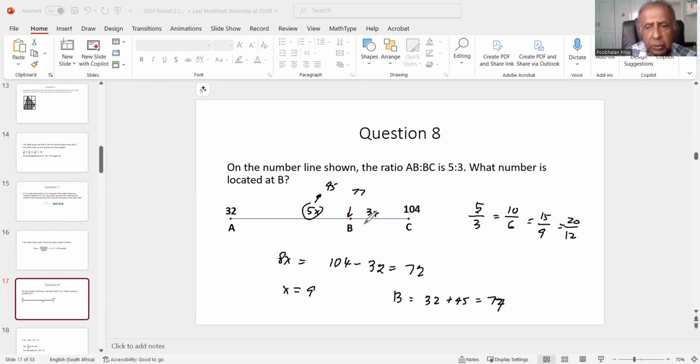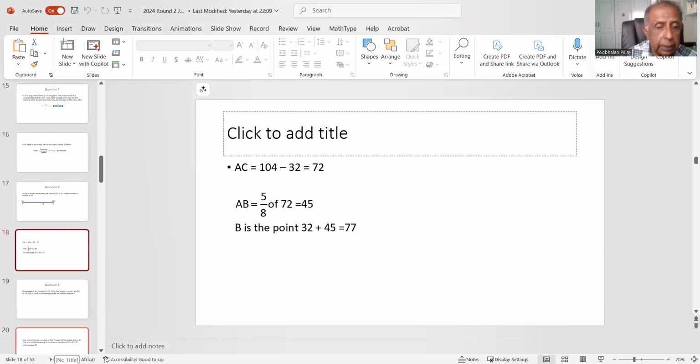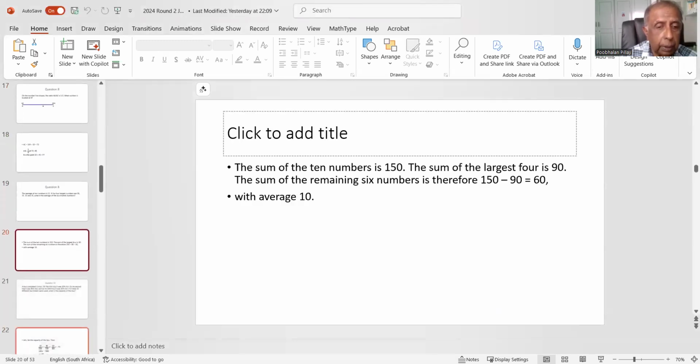Okay, and 45 is to 27 is the same as, to cancel the 9s, you get 5 over 3. All right, so that is how you do that problem. And we now get on to, oh, there it is. So we got the right answer.